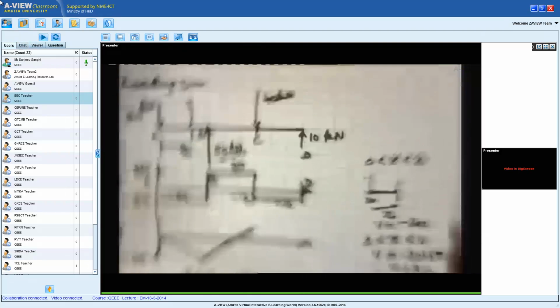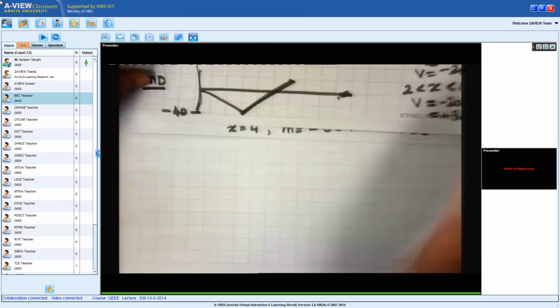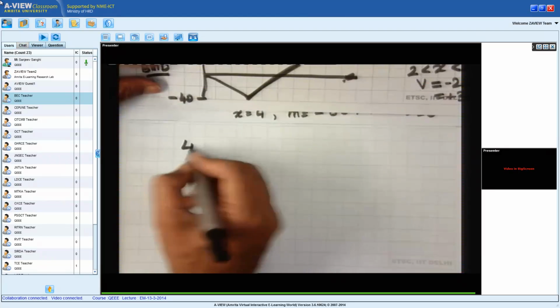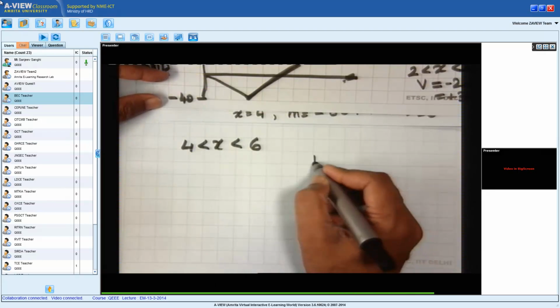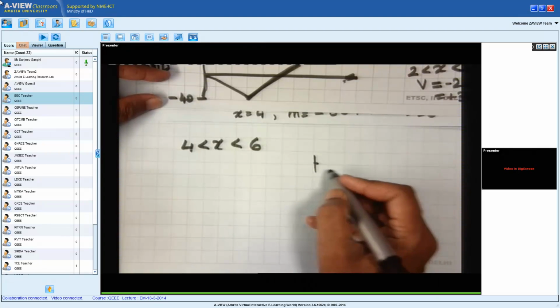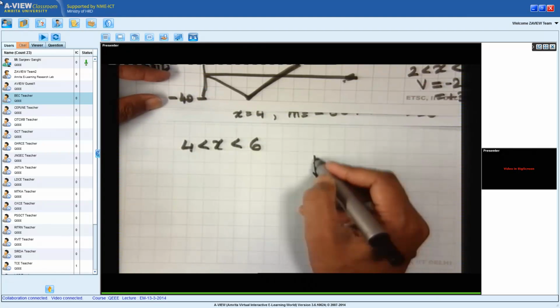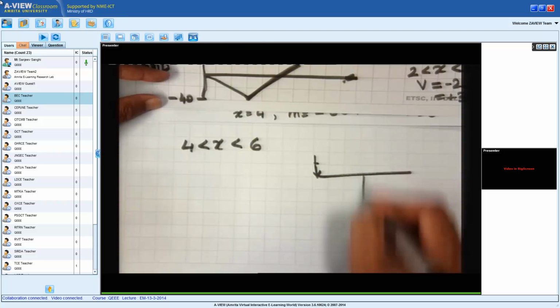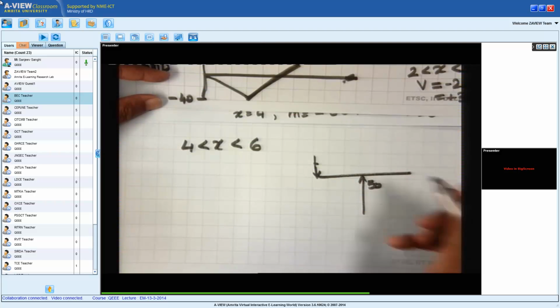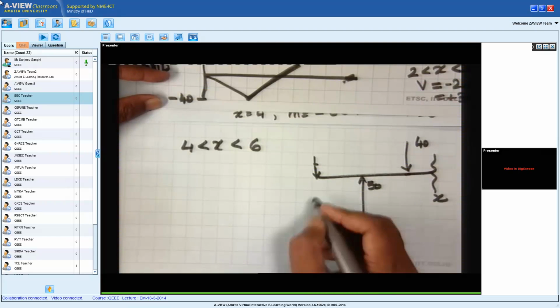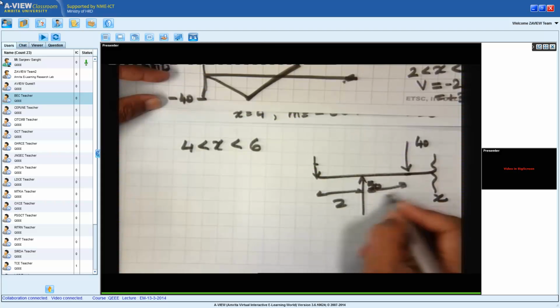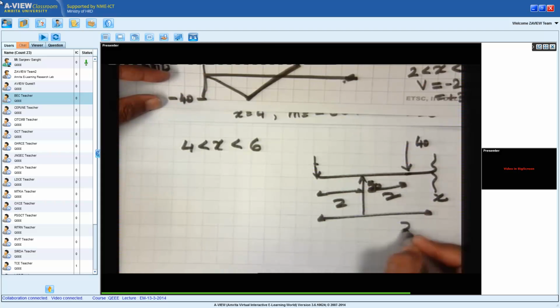Now let us see what happens to the bending moment diagram when x is between 4 and 6. When I draw the cut section, you need not draw the cut section always. I am just doing it to explain that here I have 20, I have 50 and I have 40. And this is my cut section x now. This distance is 2, this distance is 2 and the total distance is x.